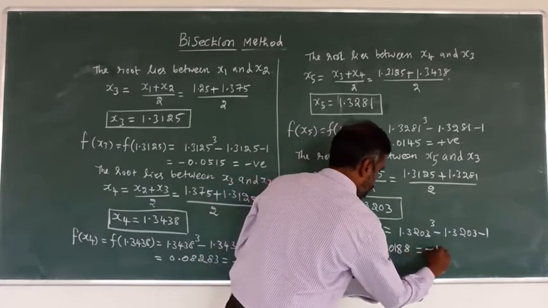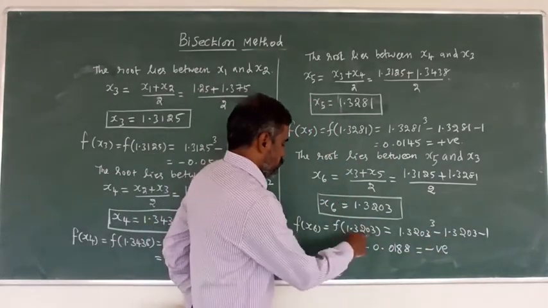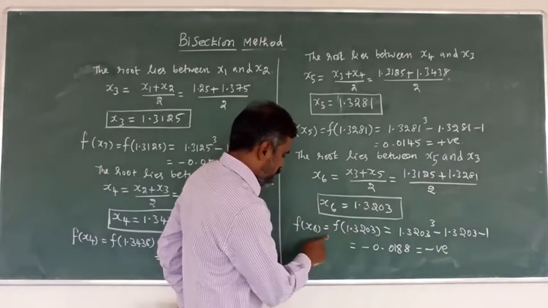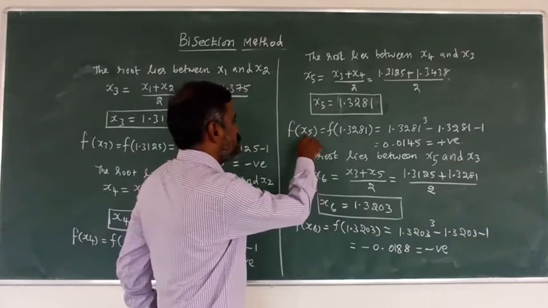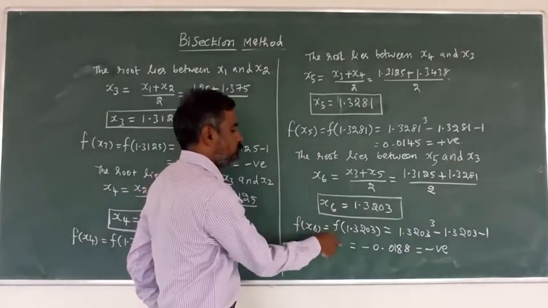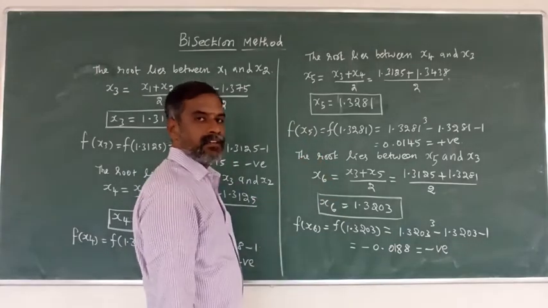This is a negative result. So the root lies between x6, which is negative, and x5, which is positive.